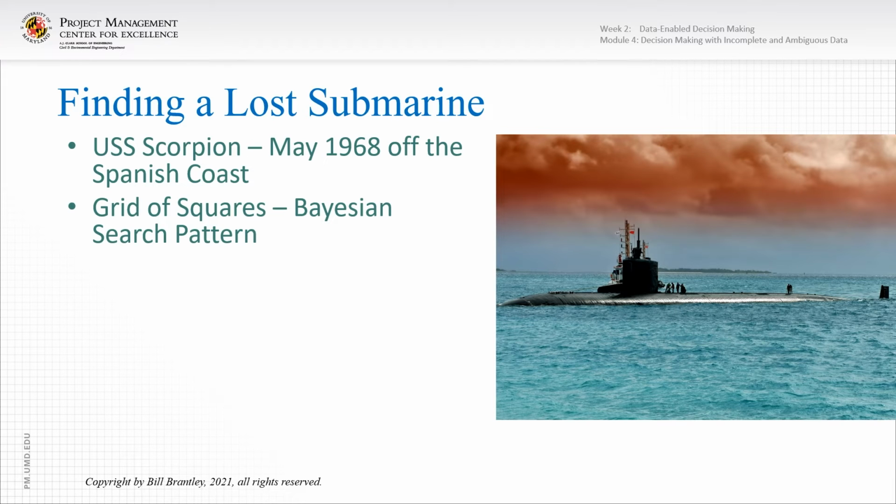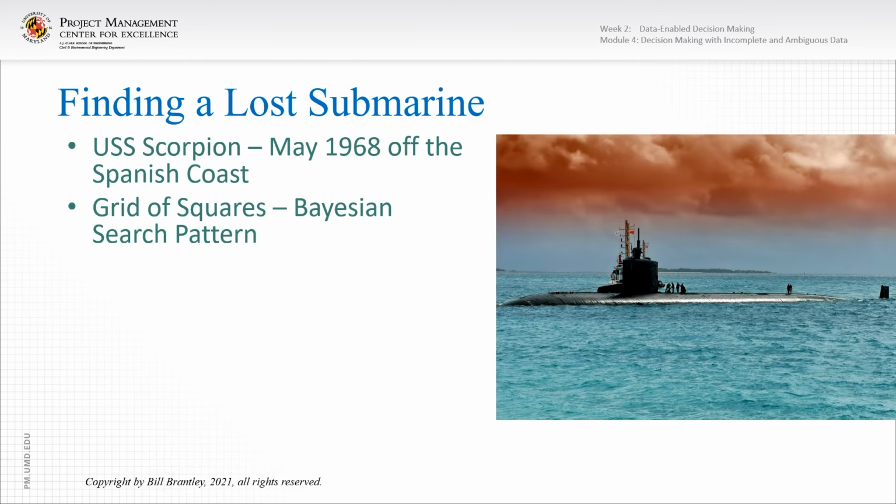And the issue here is that submarine sinkings were pretty rare. Not many submarines sank, and it was difficult to find the submarine. They were using sonar and last reported sightings, and one of the Navy admirals had the idea of using a grid of squares and Bayesian statistics to help do the search pattern.